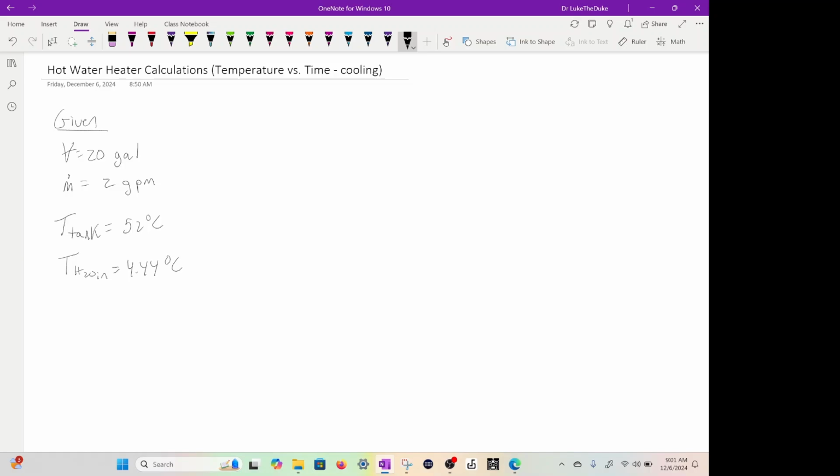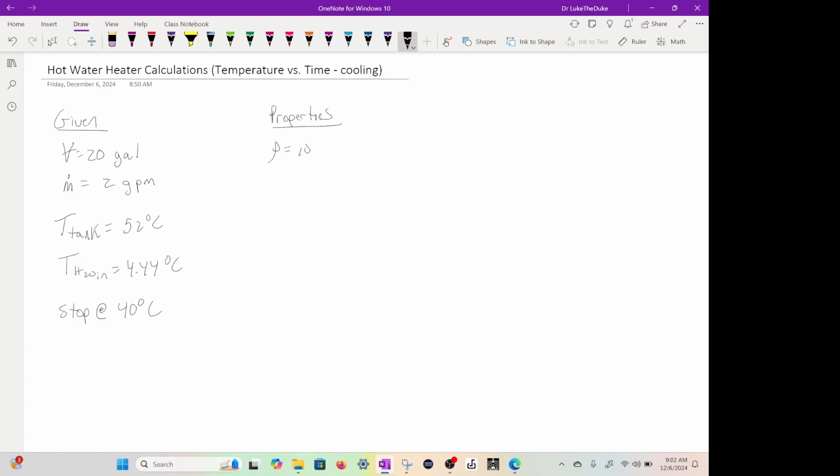And we're going to stop at 40 degrees C, because if you go anything below that, you could actually have bacteria start growing. So 40 degrees C is a good temperature to eliminate any issues with water. You can safely use that.